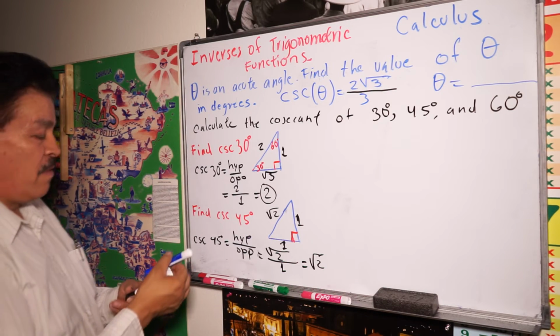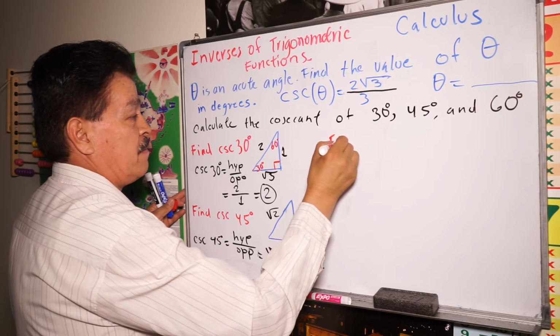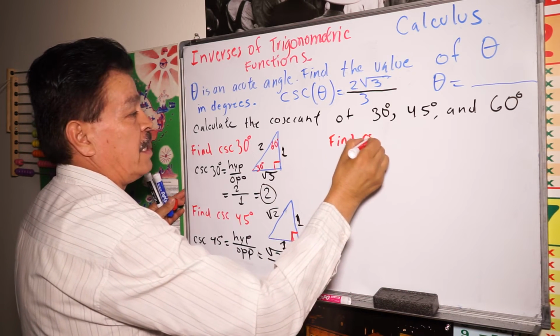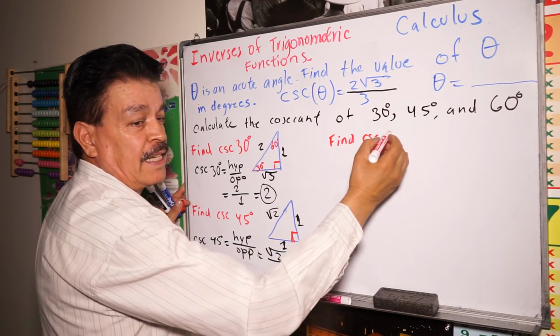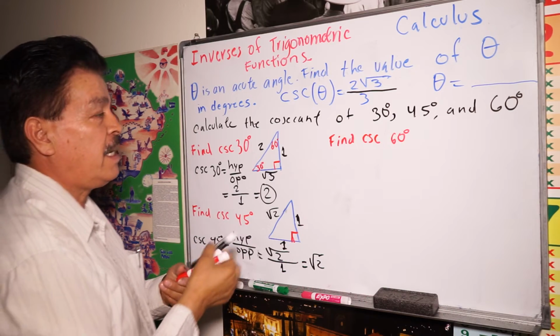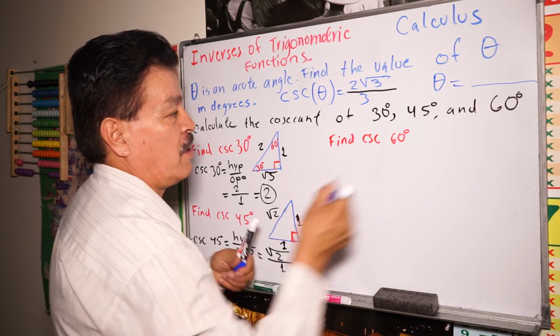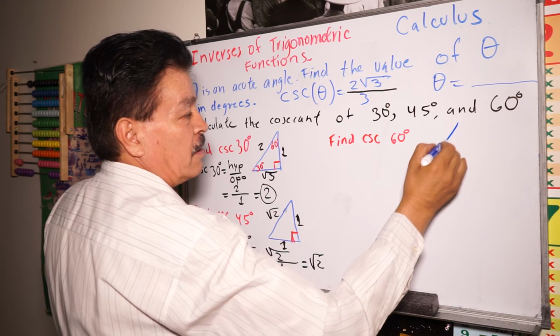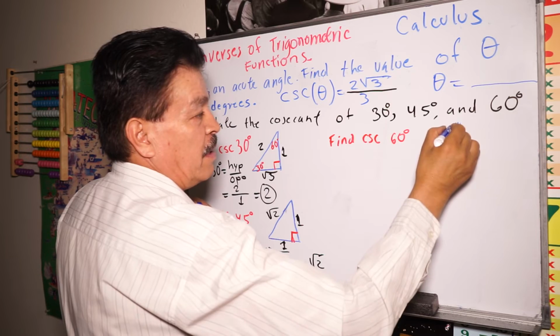Next one, find the cosecant of 60 degrees. Let's make a picture of the triangle. I think it's better to make a graph.